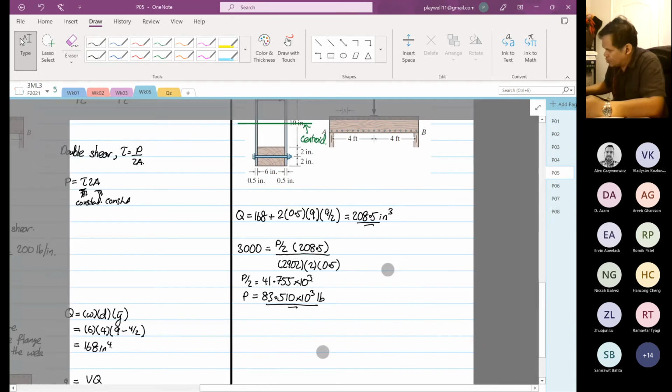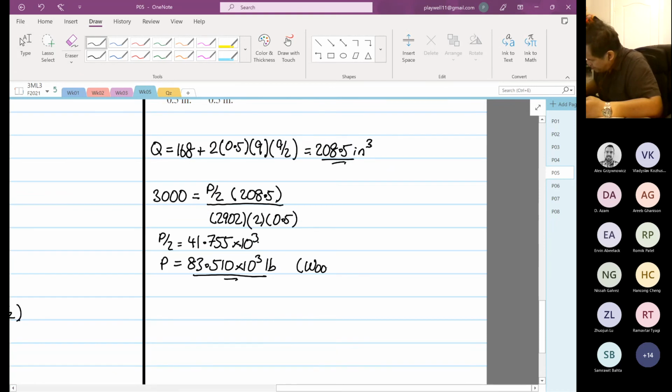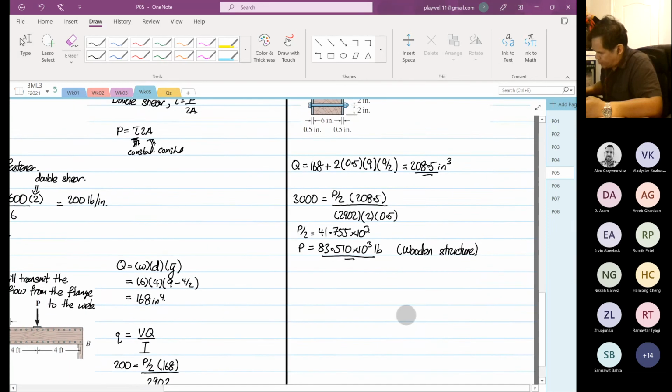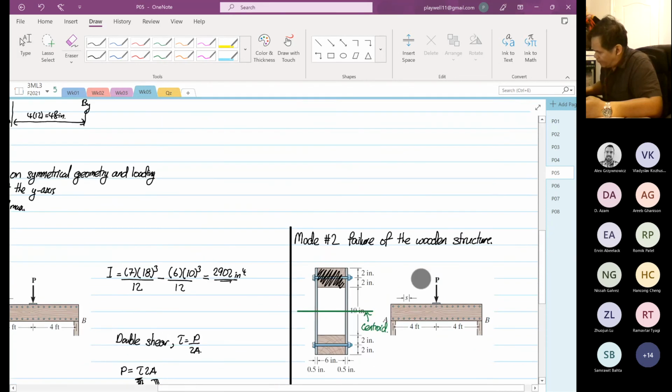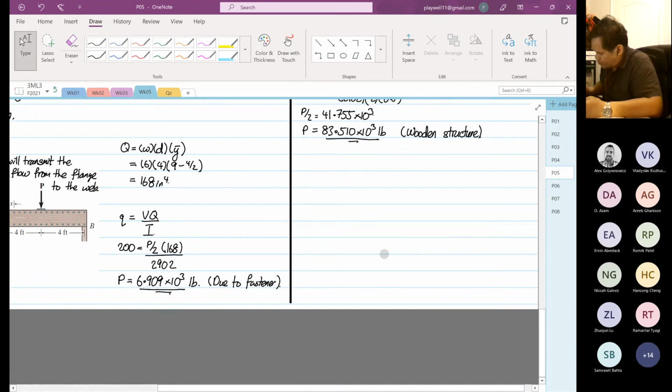Okay. So you can see to induce failure, this is the wooden structure. And then for the fastener it is 6.909. So the fastener is going to fail first. So this is the allowable load.